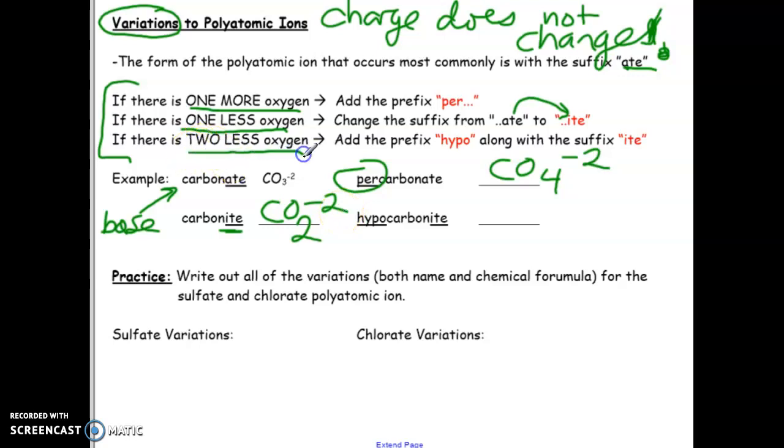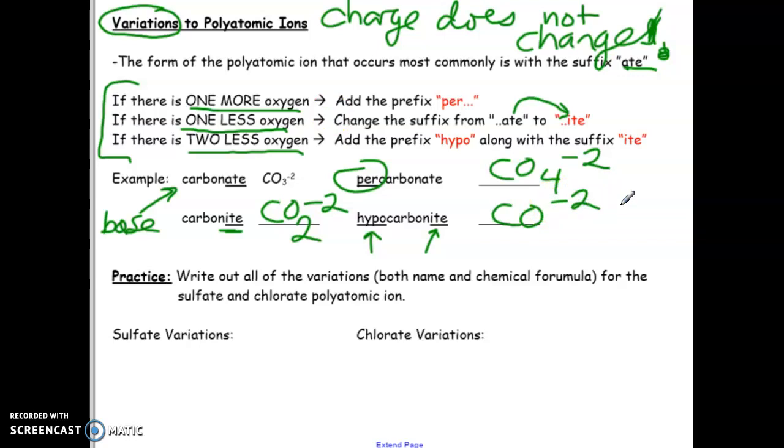If you have 2 less oxygen, you're going to have a prefix and a suffix change. Your prefix is going to be hypo, your ending is still going to be ite. So instead of CO3, it's 2 less oxygen, so it would be CO -2.